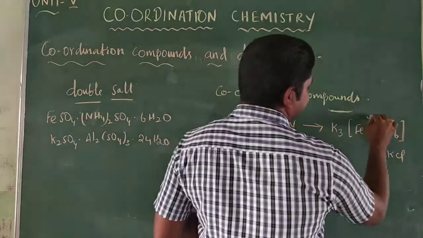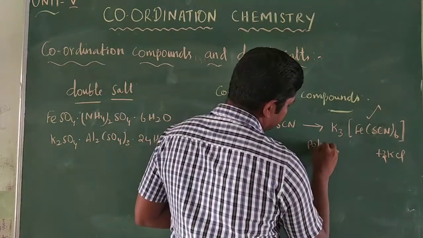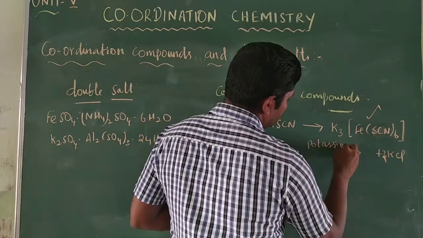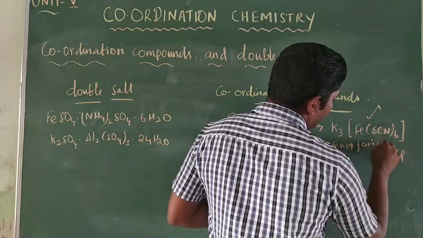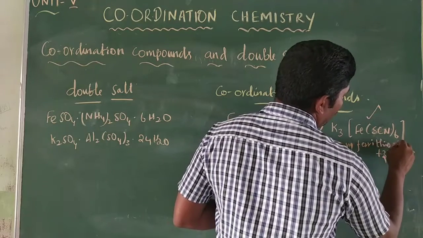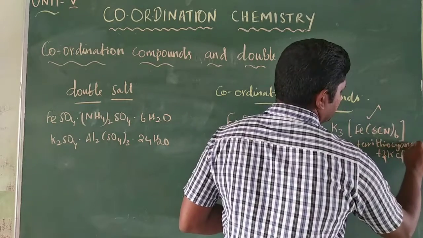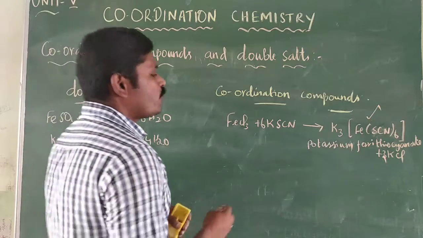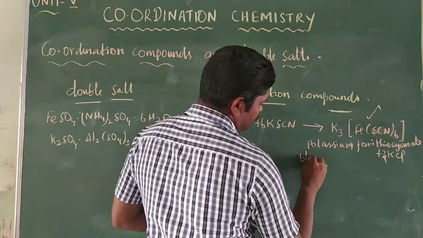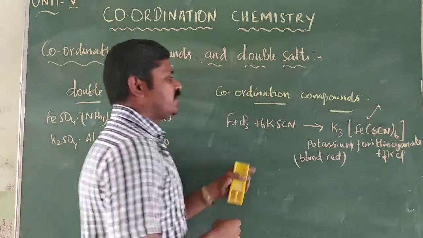It's a complex compound, a coordination compound, potassium ferrithiocyanate. So the blood red color complex is formed.